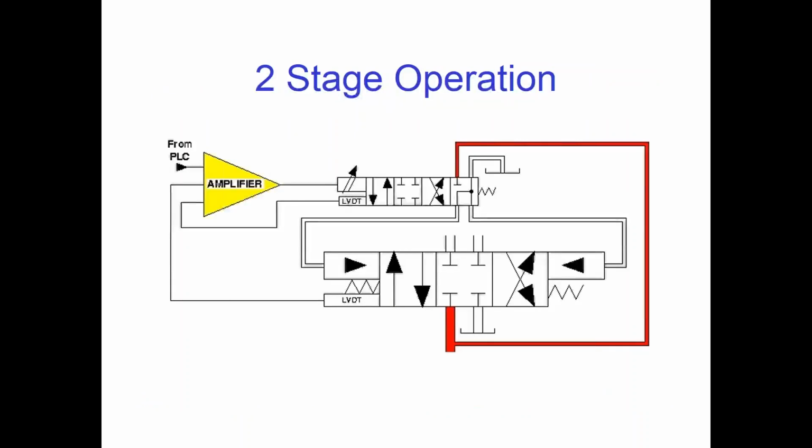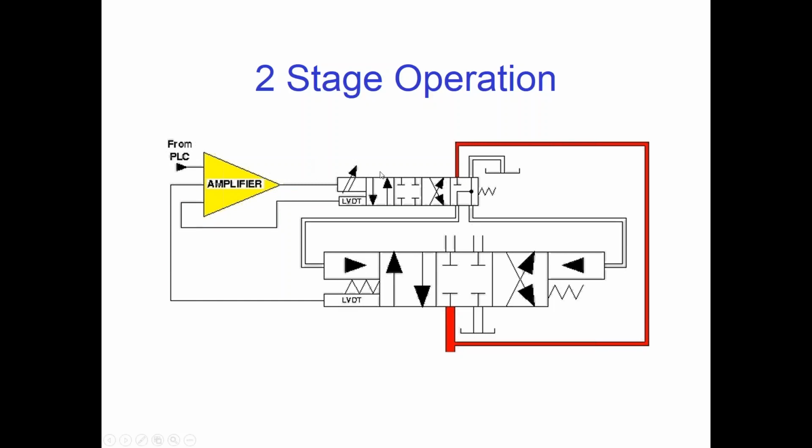Right, so here's our two-stage operation. See, we have the pilot valve using a float fail-safe position, the main spool here. Each of these has an LVDT feedback read by the amplifier.